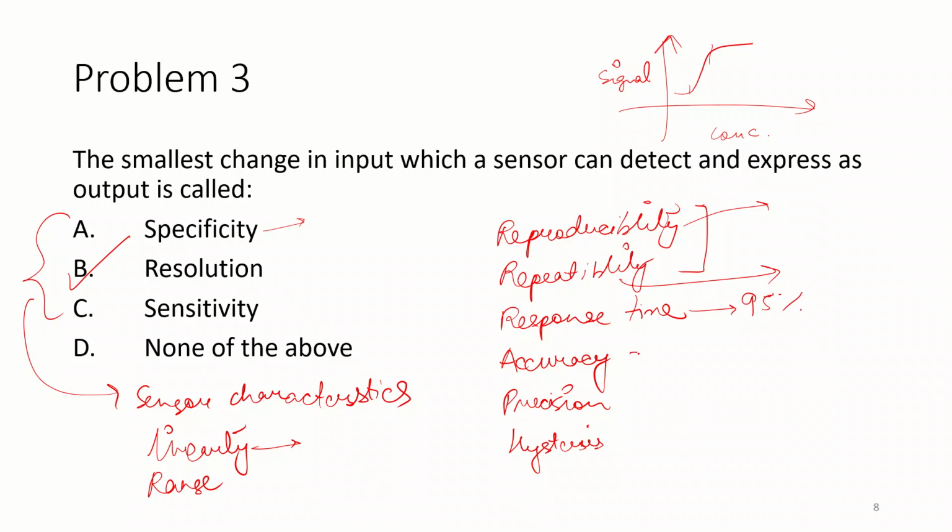Then what's the difference between accuracy and precision? Actually, there are some nice graphs, nice photos about this.